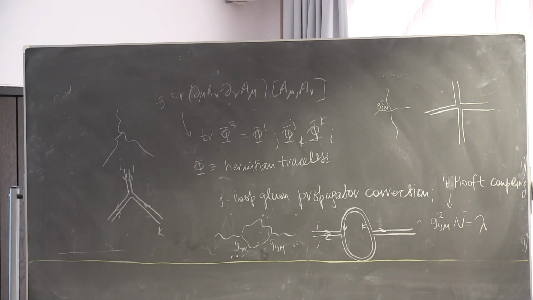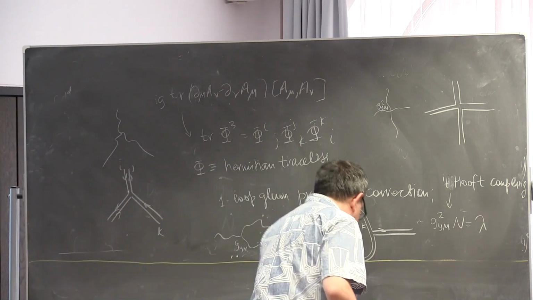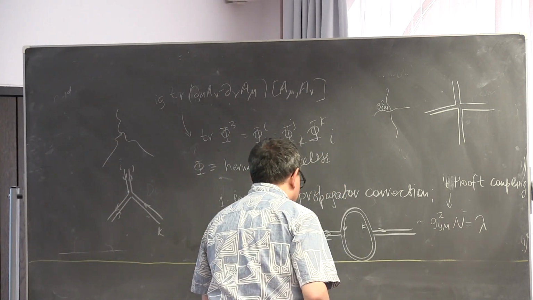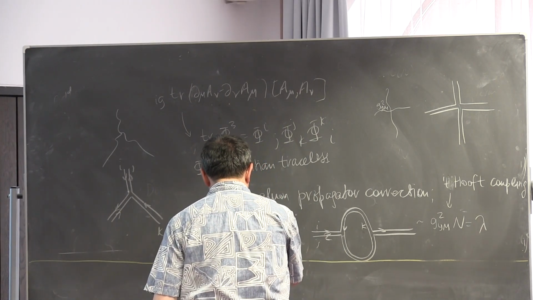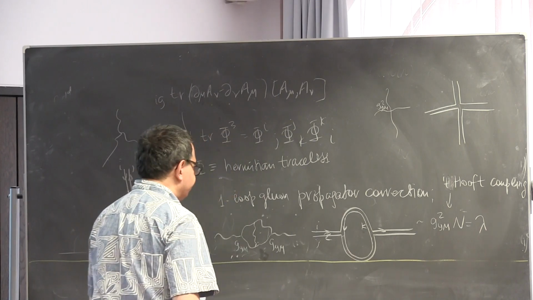What's the simple next correction that you can have? You can, for example, do a more complicated graph where you add this internal line here, right?